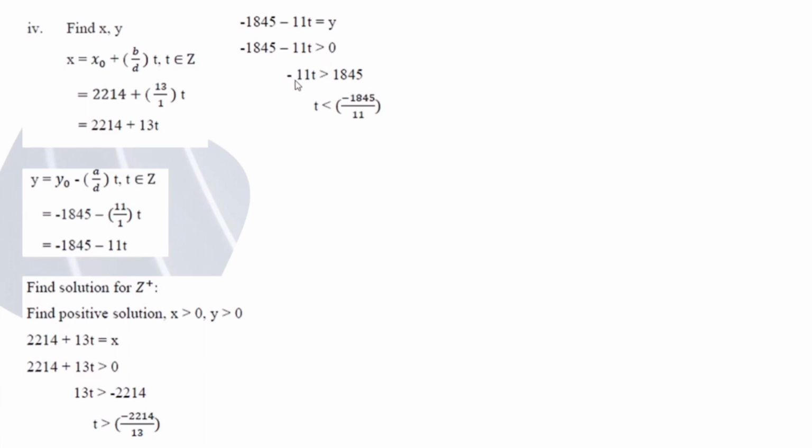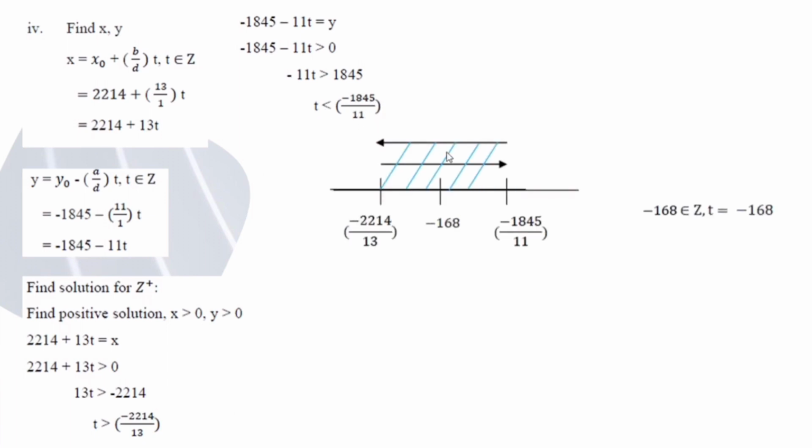So when we solve this, we will get negative 11t greater than 1845, as we took this negative 1845 and shifted it to the front. So now to make t the subject, we need to move negative 11 where it does change the symbol, and we will get t is lesser than negative 1845 over 11.